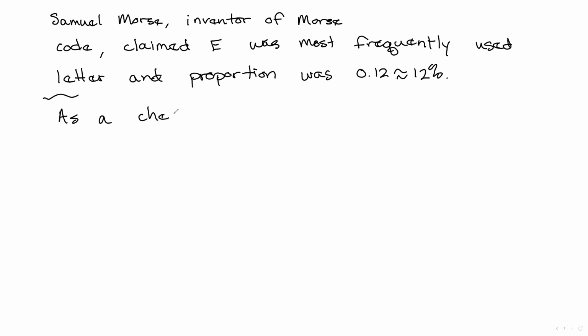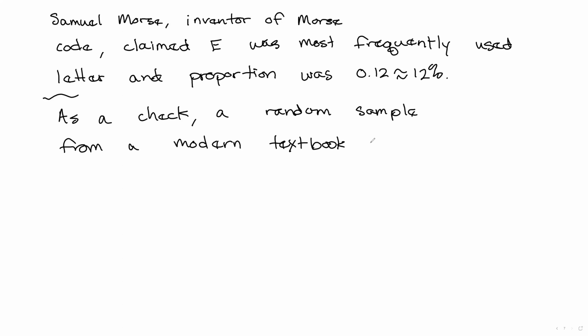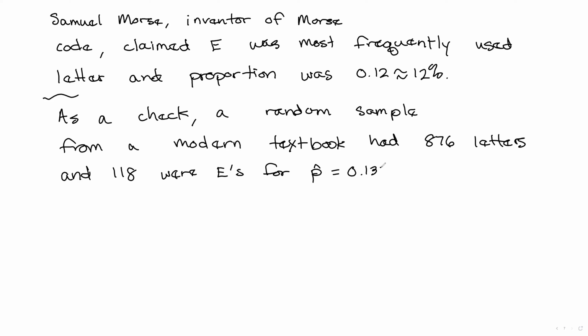As a check, a random sample from a modern textbook had 876 letters and 118 were E's, for a sample proportion of 0.1347.